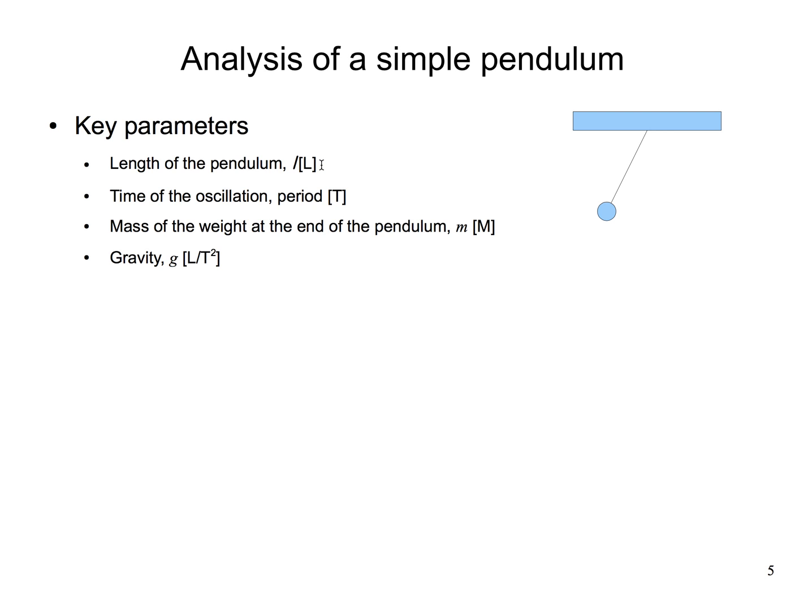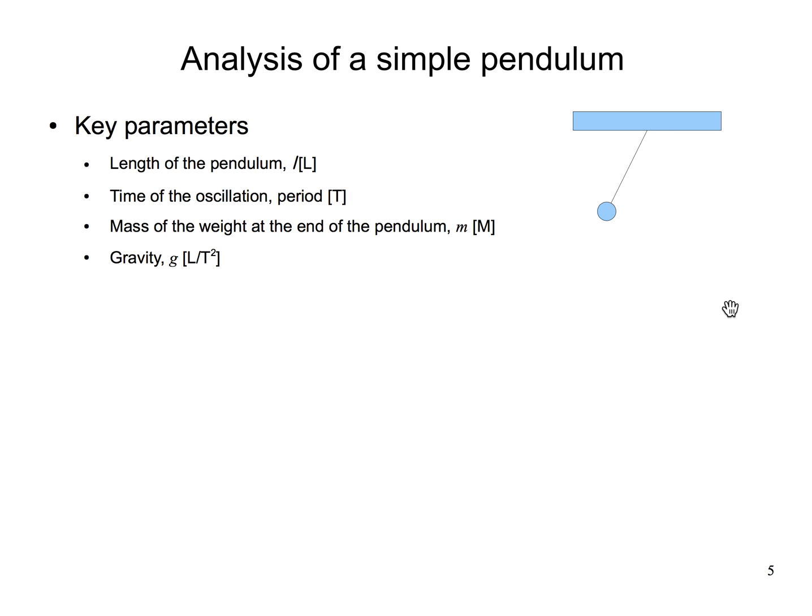There's the length of the pendulum, L, which has units of length, capital L. We're trying to calculate the time of oscillation, that is the period of oscillation of this thing swinging back and forth, and that period will be measured in time, capital T. We're going to put in the mass at the end, this mass, and we acknowledge that there's gravity. At the surface of Earth we use g for the acceleration of gravity, and that has the units of length over time squared.